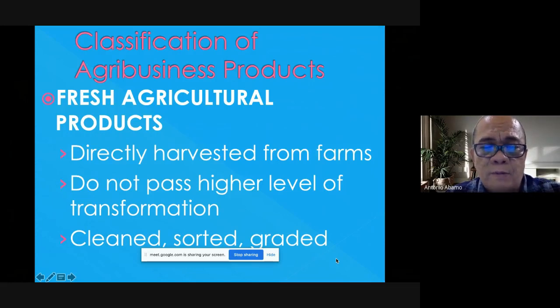If, for example, it is a tuber crop, you just brush off the mud and display it as clean as possible, and that's it. No cooking whatsoever. It's also cleaned, sorted, and graded. It is fresh, but sorted, graded, and cleaned. That is when we talk about fresh agricultural products.